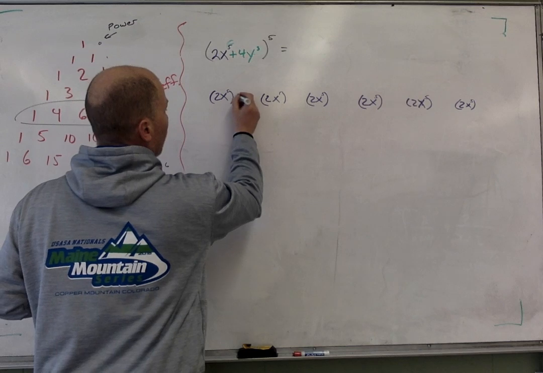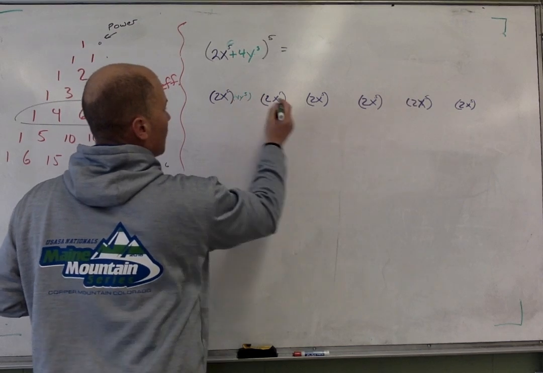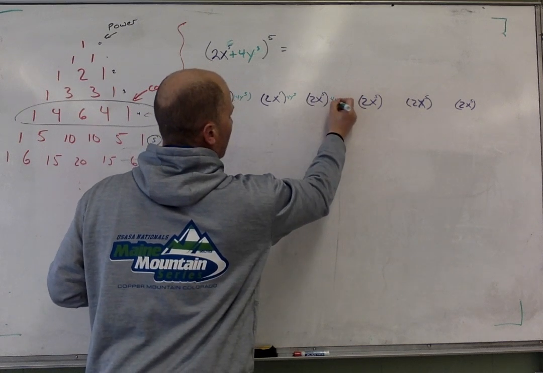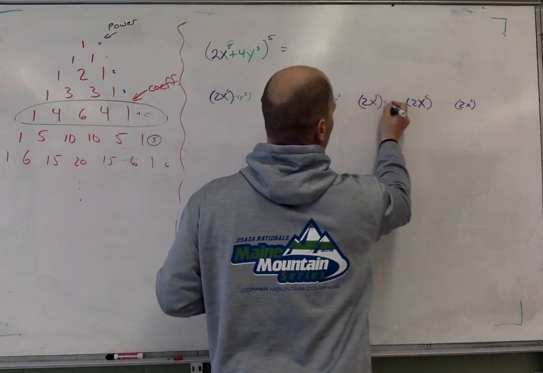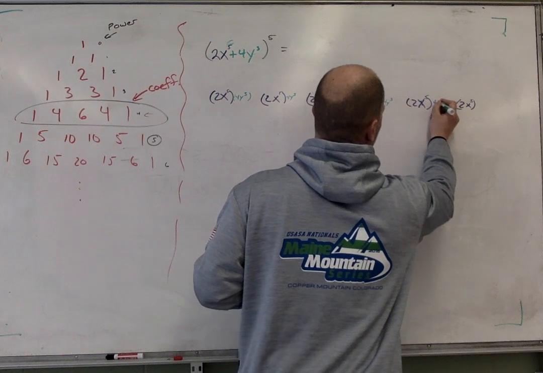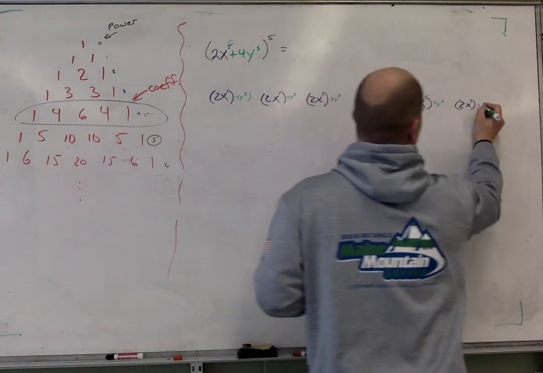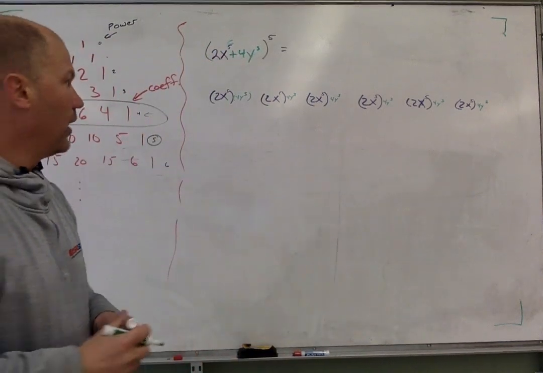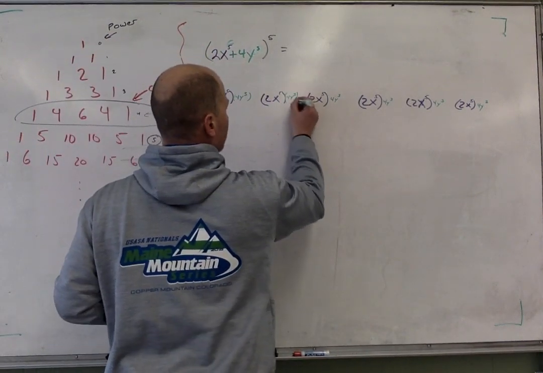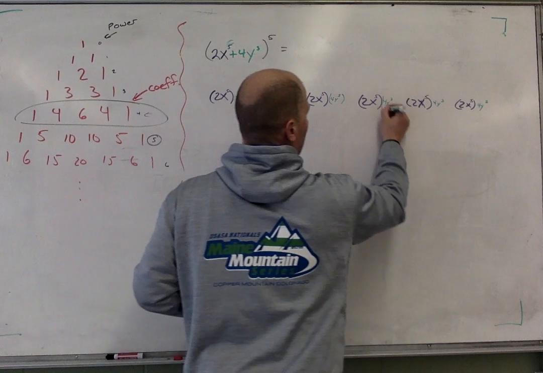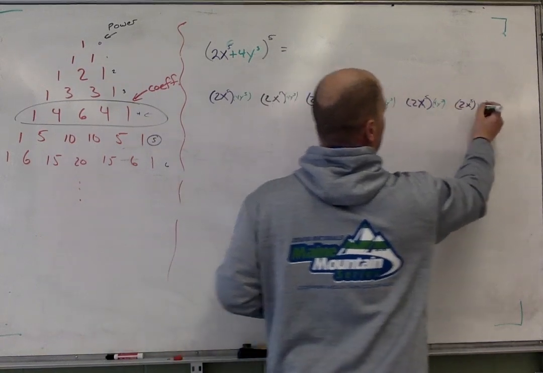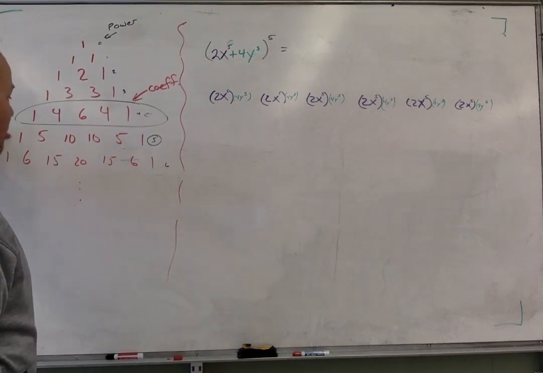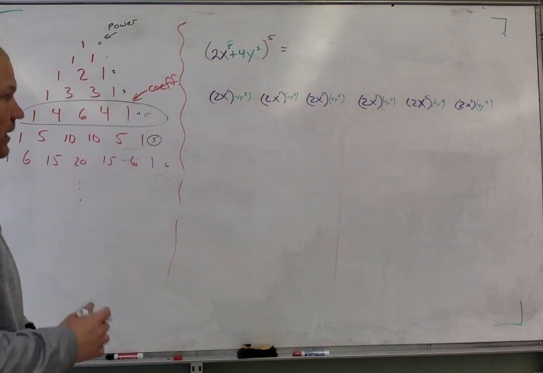And then I do 4y cubed, in parentheses, each time. All right, so I do that 6 times because I'm in the fifth row and there are 6 terms right here.